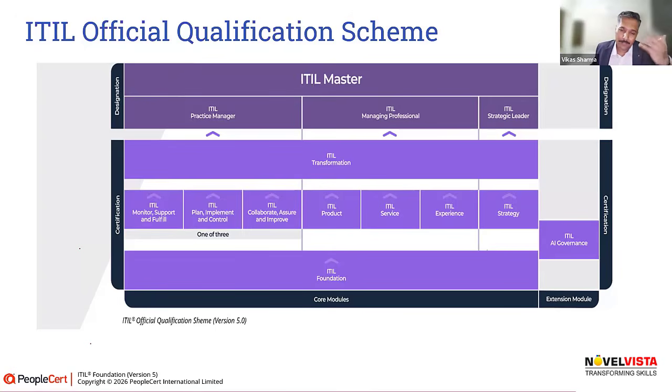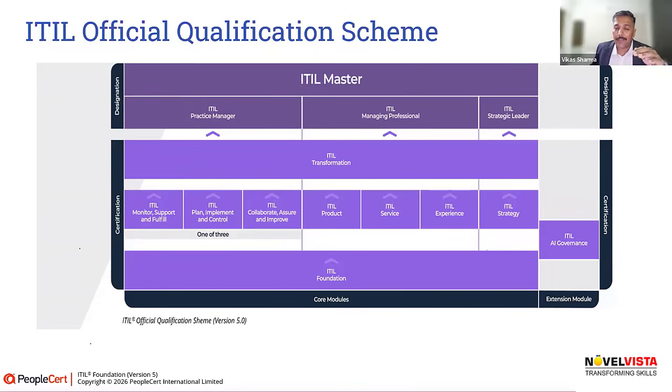Even PeopleCert, even Axelos earlier, identified that ITIL 4 was not that successful compared to even ITIL V3. ITIL V3 got into the roots of the organization, but there were challenges as the market was evolving. Even now the market is evolving and product and service cannot be separated. But ITIL 4 was not talking about combining them in a better way. So the practical implementation was missing.